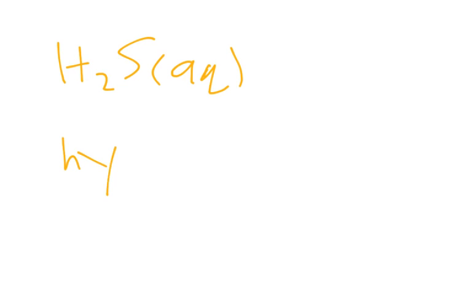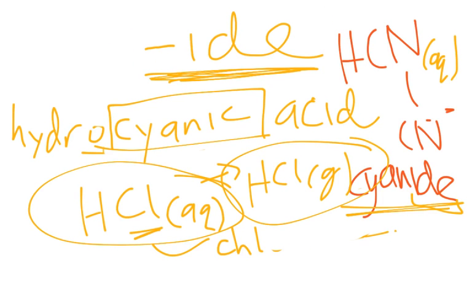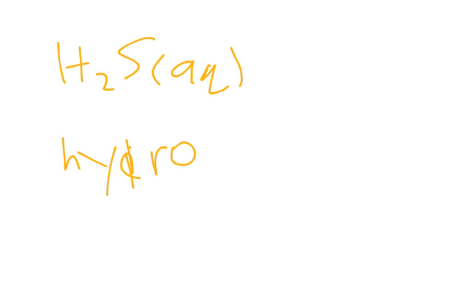Let's try something like H2S, aqueous. This would be hydro. So why are we using hydro? Well, in the very first rule I taught you, if it ends with an ide, then you do hydro blank ic acid. So in this case, our anion here is S2-, which is sulfide.